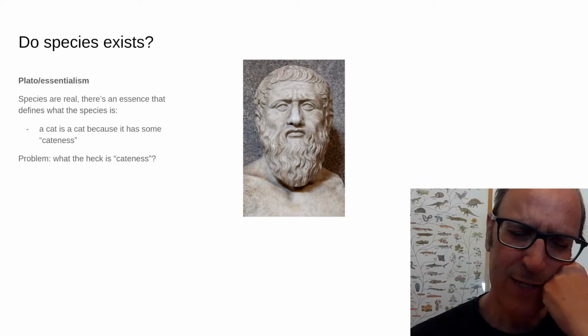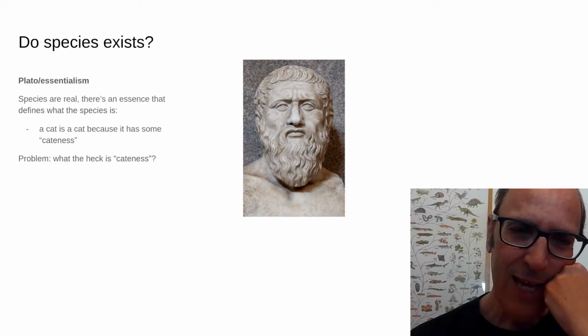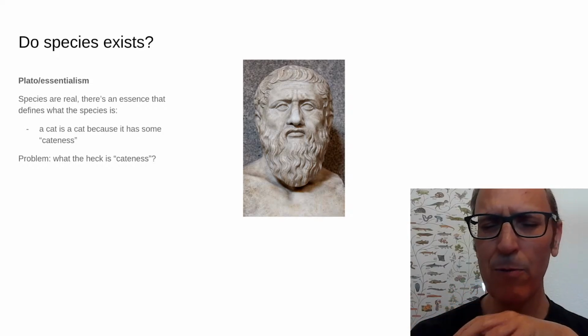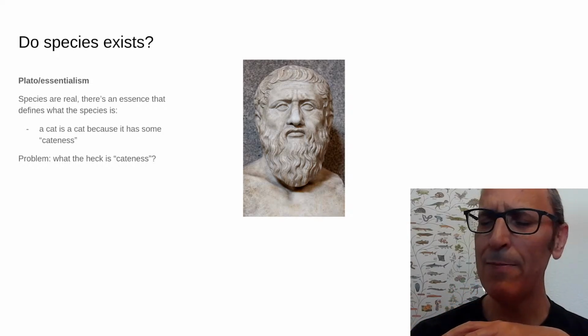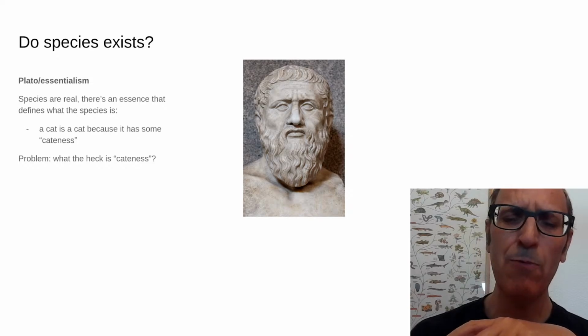For instance, a very important idea in the metaphysics of Plato was that species were very, very real. They were part of what we can say is the primary reality of the world. The species were real.